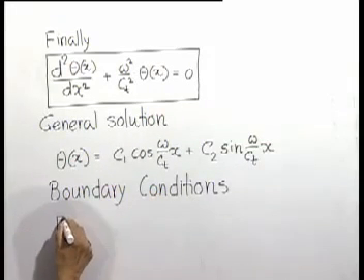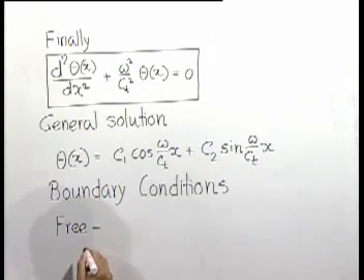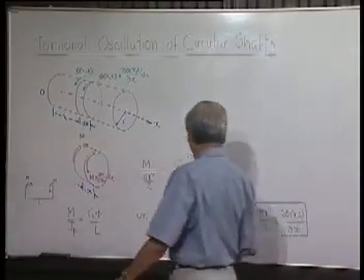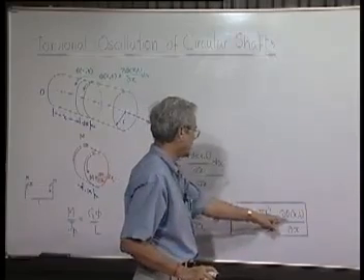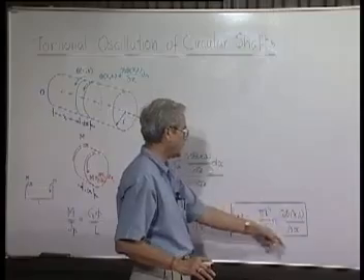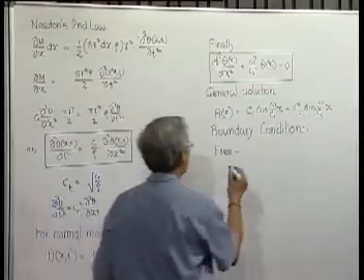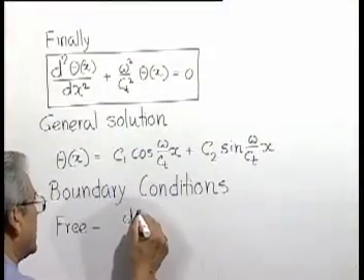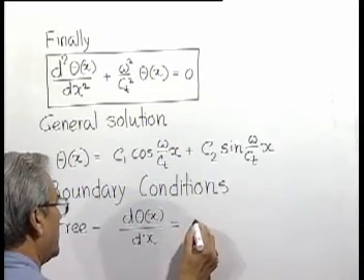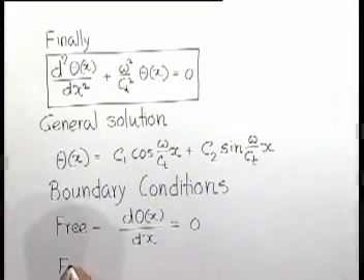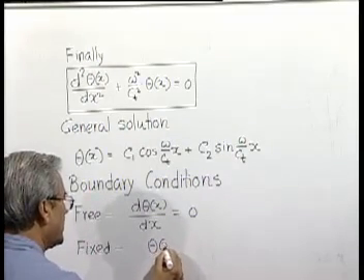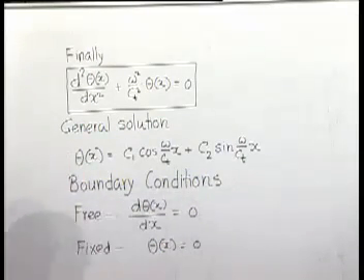Free means no torque or no moment acting there, and as we know, moment is proportional to the theta dx, forget about the cosine omega t, and if that has to be 0 all the time, it means it is the same as, and for fixed end, twist itself will be equal to 0 for all time.